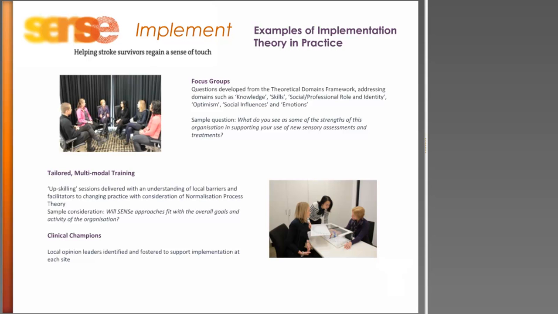They're also called opinion leaders, but there's someone within a health organisation that has real influence over others around them and can effectively change the behaviour of their colleagues by fostering and supporting implementation activities. So we've needed to identify clinical champions at our sites and to support them in being able to foster other staff members to change their practices.